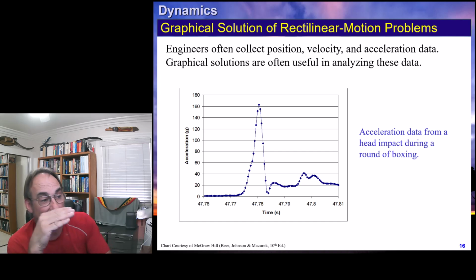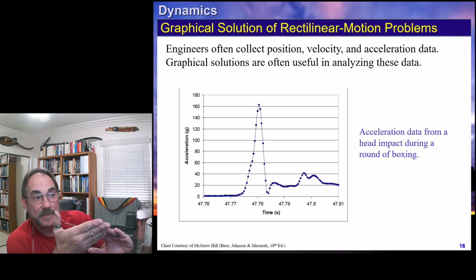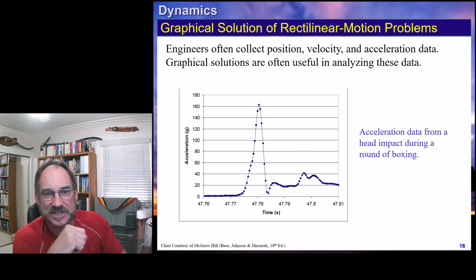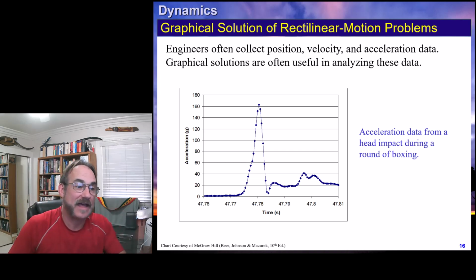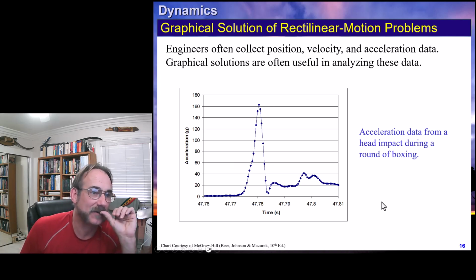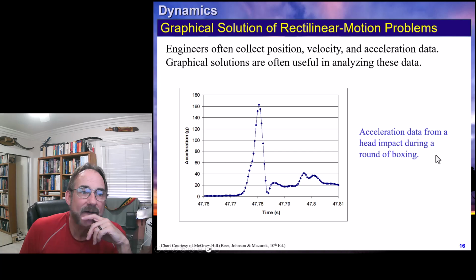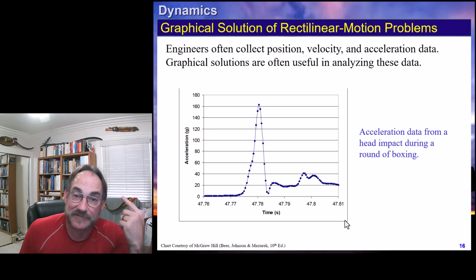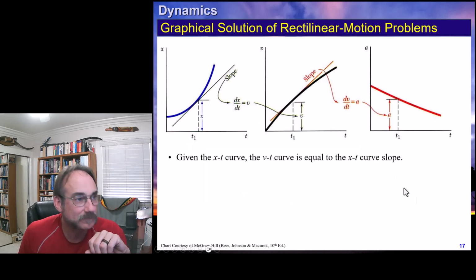What we see here is a function of time and how that force changes because your head was resisting motion, probably why that force built up. And that's giving you an acceleration or deceleration. This is from a head impact. Kind of cool stuff. It doesn't hurt nearly as much looking at this graph as it does when you're popped in the head.